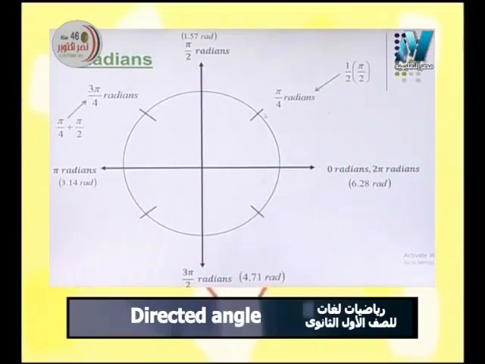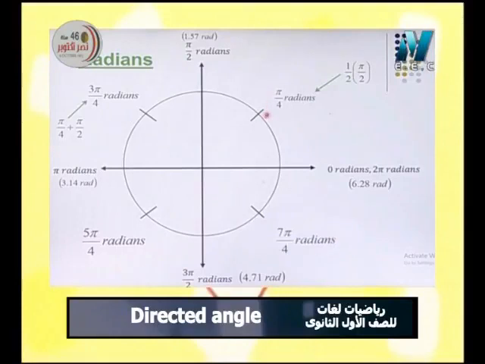Let's add more. In the middle here, yes, in the middle here we have pi over 4, 3 pi over 4, 5 pi over 4, and 7 pi over 4.